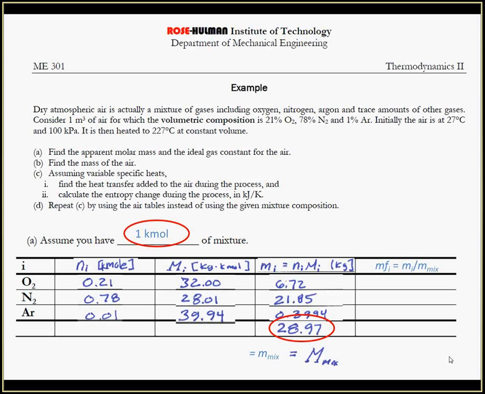For instance, 6.72 kilograms of O2 divided by 28.97 kilograms of mixture gives me 0.232 mass fraction for the O2. Likewise for the N2 and the argon, and when you add those up, it should equal 1, and in fact it does. So we don't actually need that mass analysis per se in this problem. All I needed really was the molar mass of the mix, but it's a good reminder how to do that.